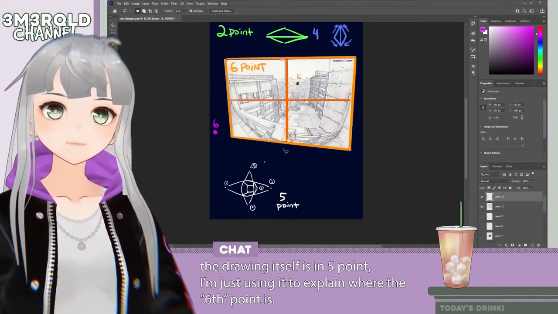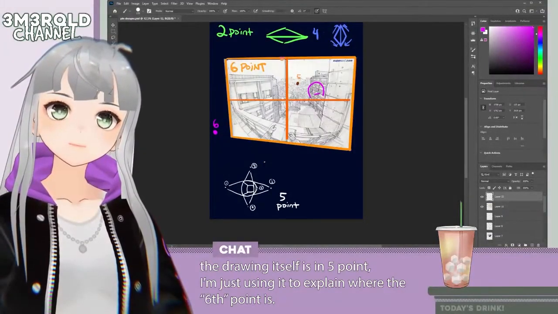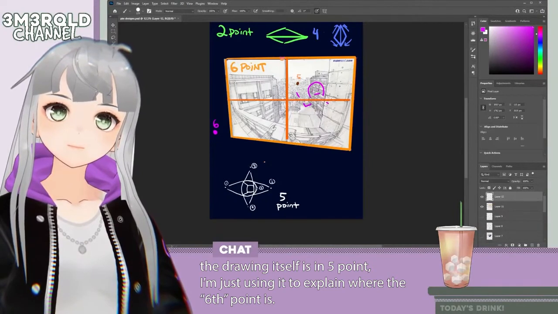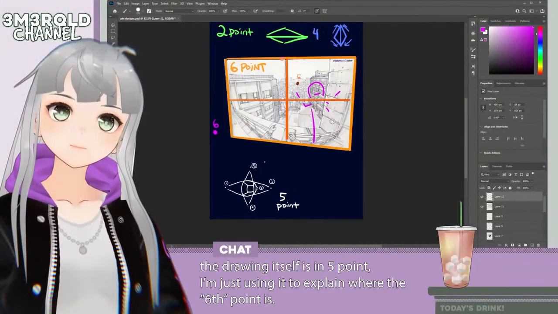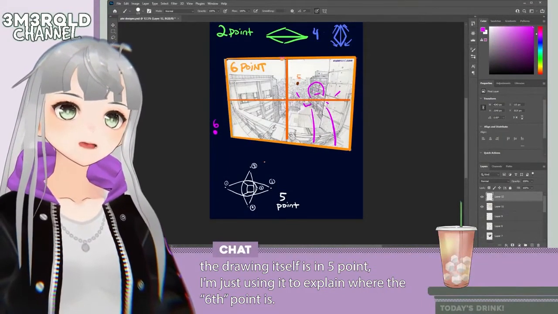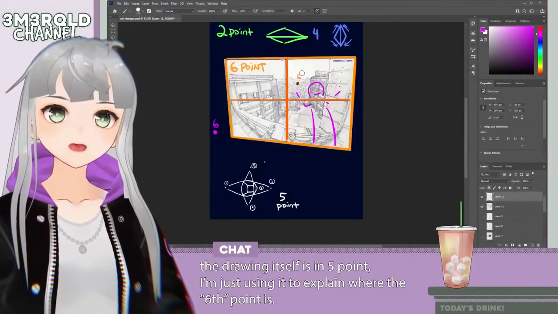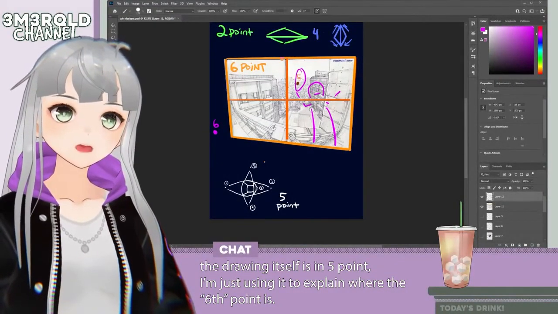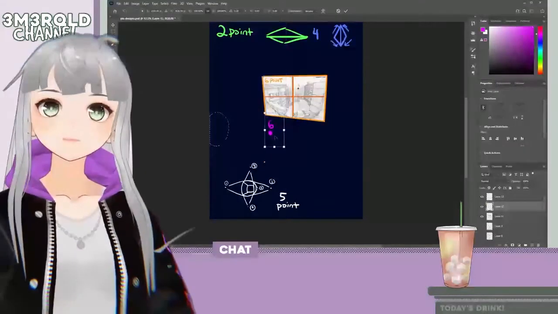So if someone was standing outside of this window and looking in, they would see this 6th perspective point out in the distance. Kind of like how we're seeing this 5th perspective point right now. 6 point will probably be actually more like here.